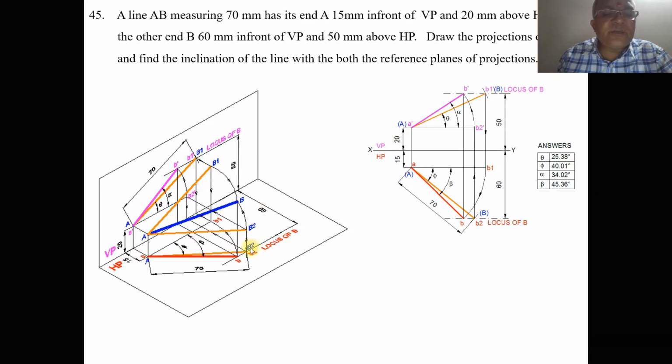This is the top view. When it is projected, you will get small B2 here. So this is capital AB2. Because this is the true length in HP, obviously that line should be parallel to HP. That means capital A is 20 mm above HP and capital B2 should also be above HP by 20 mm. Therefore, this line will be in true length in HP.